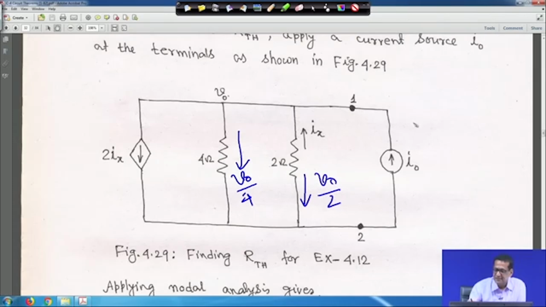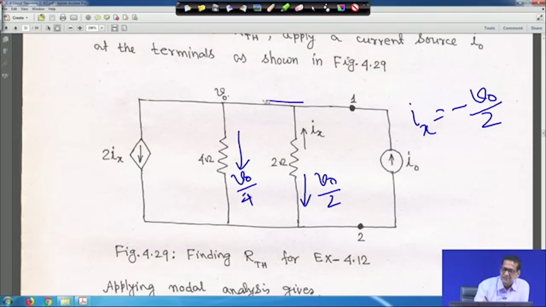That means, since Ix is taken upwards, Ix is equal to minus V0 by 2, right, and this is basically the same node.